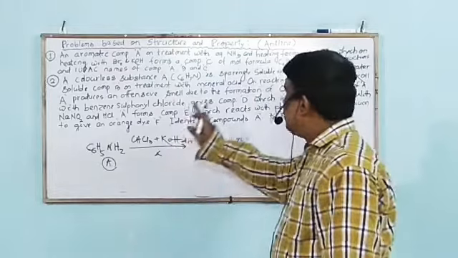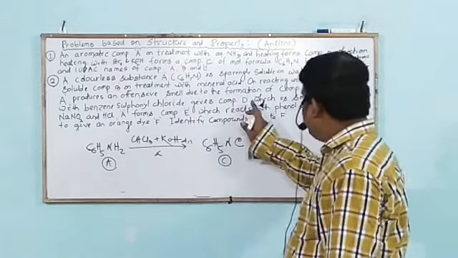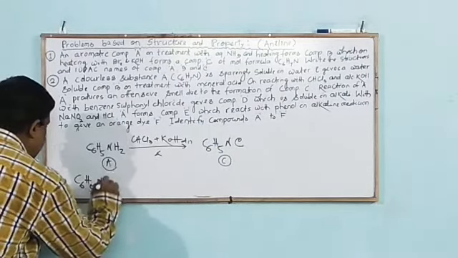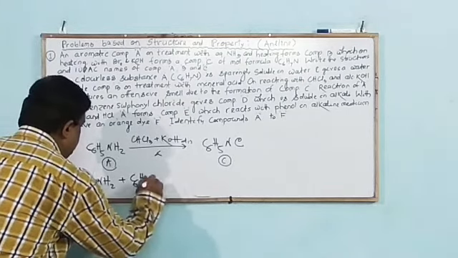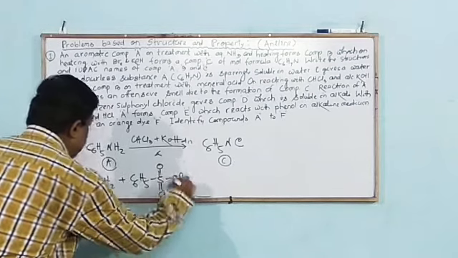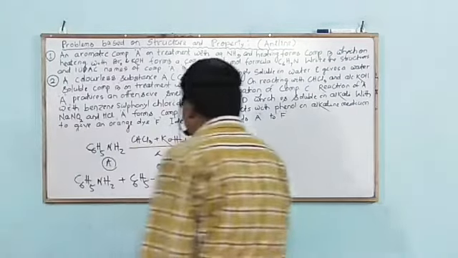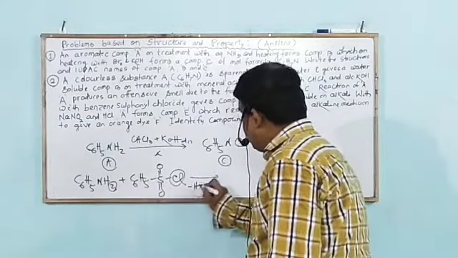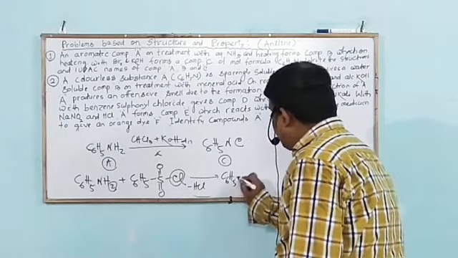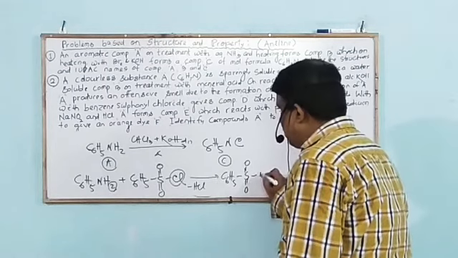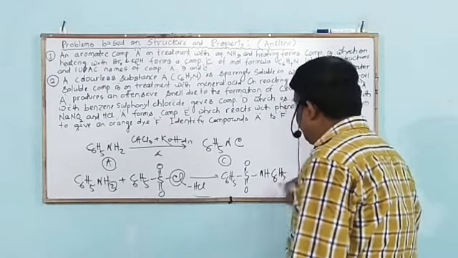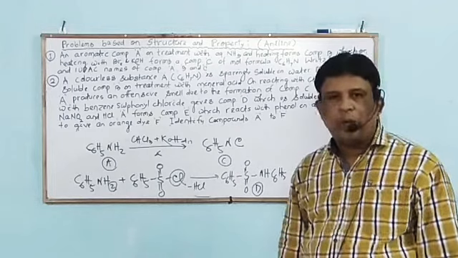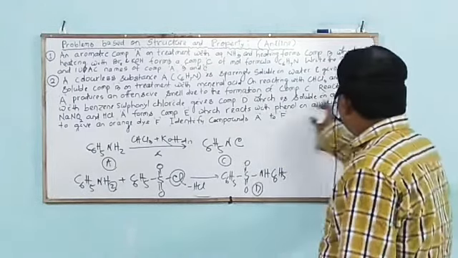When aniline reacts with benzene sulfonyl chloride it gives compound D. Mark that: C6H5NH2 reacts with C6H5SO2Cl, benzene sulfonyl chloride, with loss of HCl, to form C6H5SO2NHC6H5, compound D, known as N-phenyl benzene sulfonamide, which is soluble in alkali.